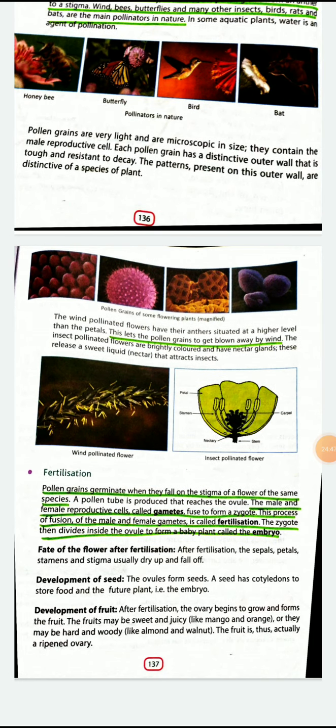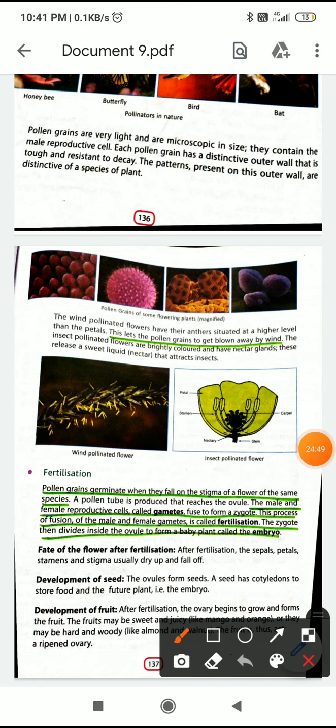Look here. After fertilization, the sepal, petal, stamen and stigma usually dry up and fall off.